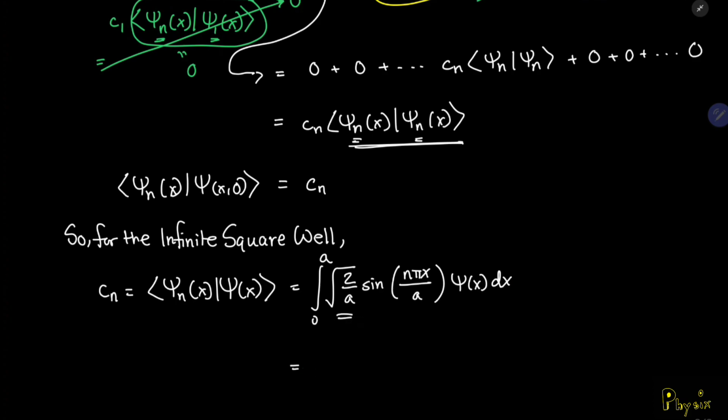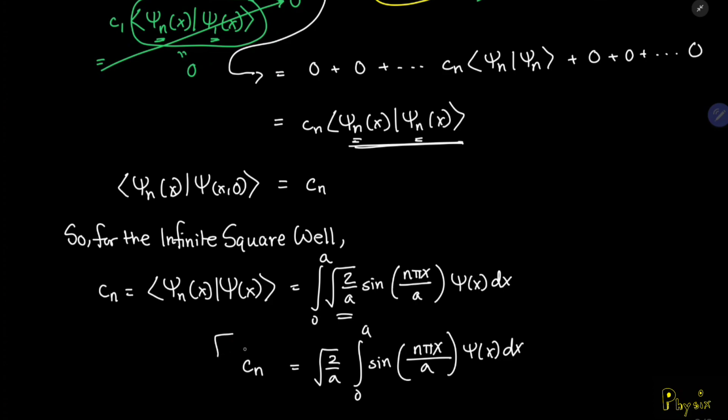And of course, you can pull the square root of 2 over a outside, and it looks like the following format. And voila, this is how you find the coefficients for your stationary states for any given wave function.